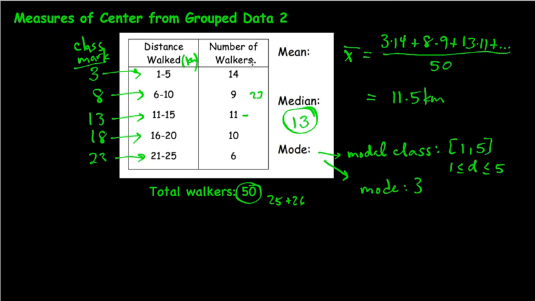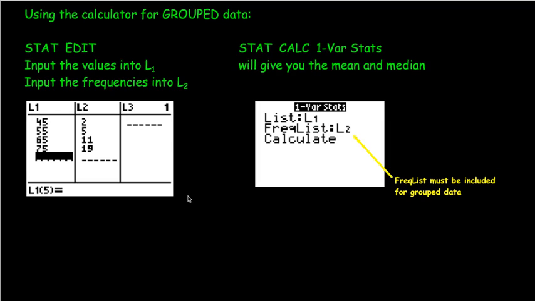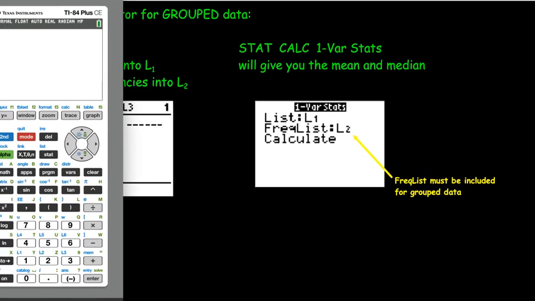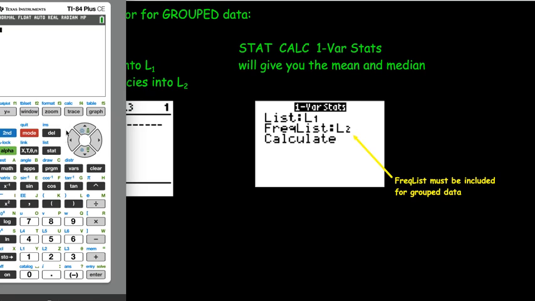Now, if we get grouped data, we can use our calculators also to calculate these values. We just have to use the frequency list that we left blank in our previous video. So we get our calculator out again and we put this table in. Now these are different numbers, but I've got this entered already. Stat, edit.